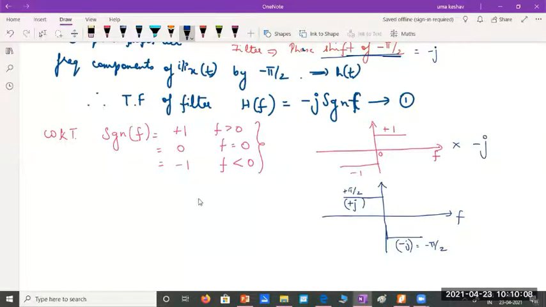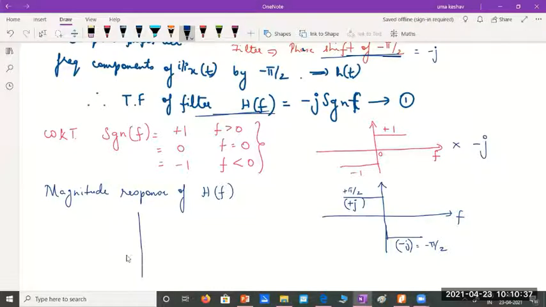So if I want to now write the magnitude and phase response of the given function, how will it look? Let me write the magnitude response of the filter transfer function h of f. Transfer function of the filter is h of f. How would the magnitude response look?